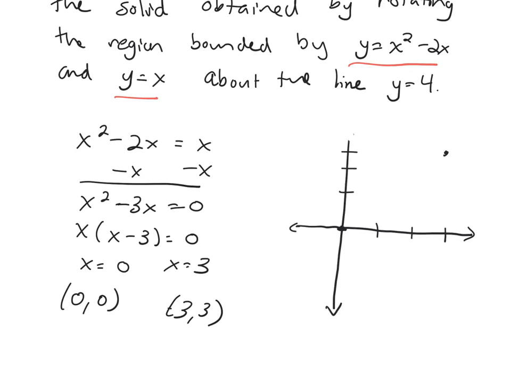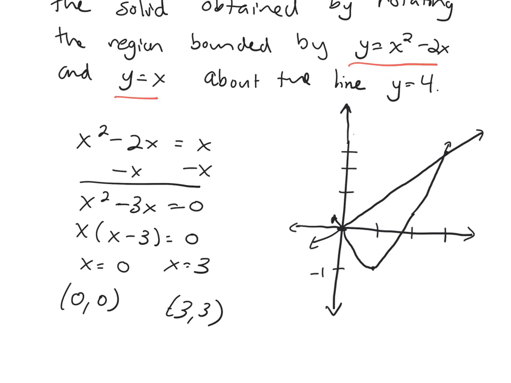Needs to go a little bit higher. y equals x is just a line, so just connect these two points to get your line. And then x squared minus 2x, that's a parabola. I need another point. If I plug in 1, I'm going to get -1 for my y value. So this parabola looks something like this. There we go.